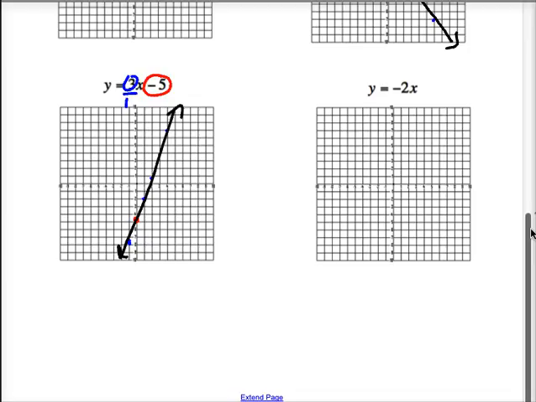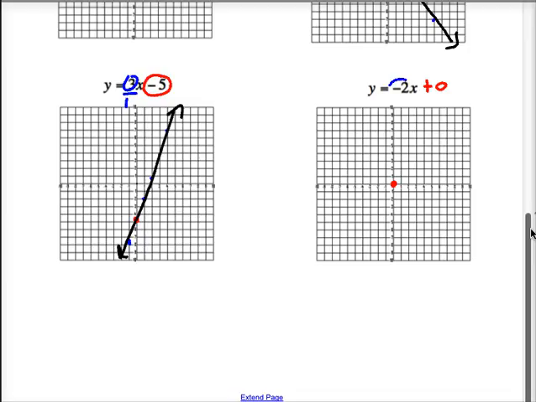All right, now look at the next one, y equals negative 2x. So here I want you to think about the fact that there's no number by itself. It looks like the y-intercept isn't there. When it's not there, remember I want you to think of a 0. If there's no y-intercept showing, that just means it's going to start at the origin. So we're going to start right at 0.